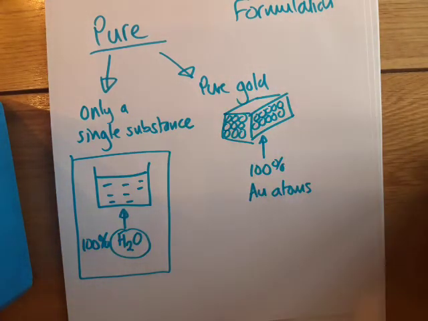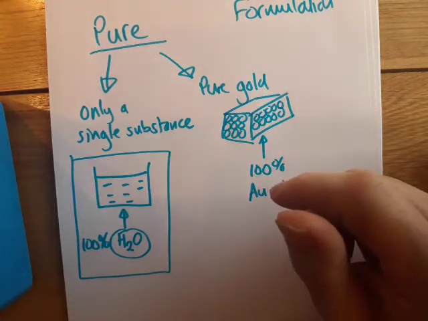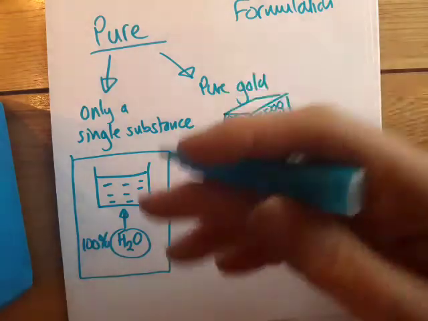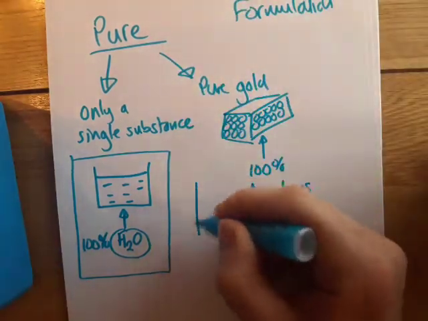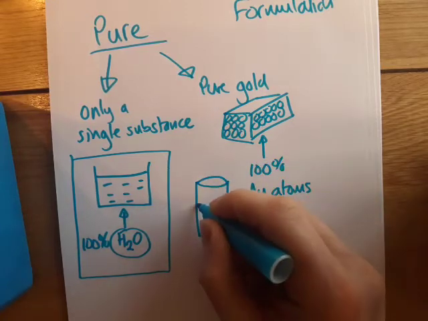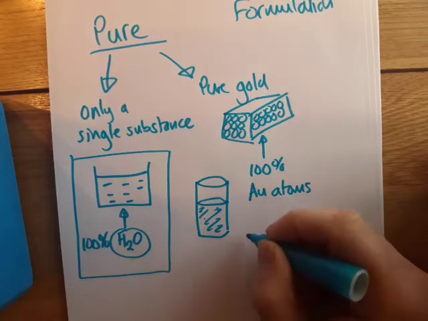So this is different to our general everyday language for pure. So I know for a fact that some people in everyday language might say, I've got a glass of pure milk, for example.